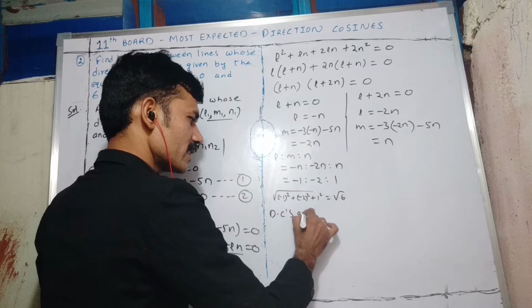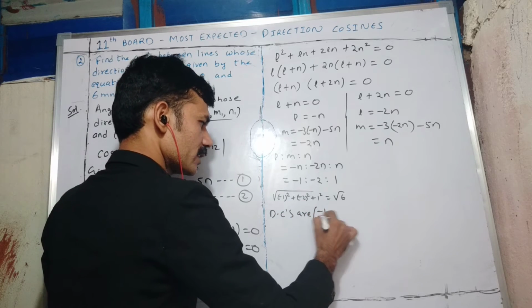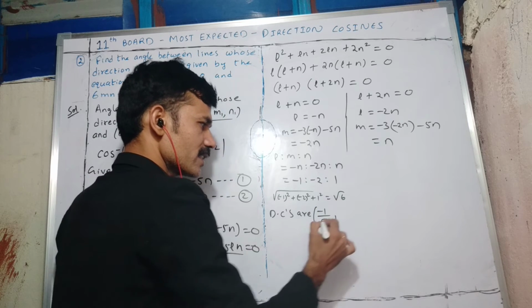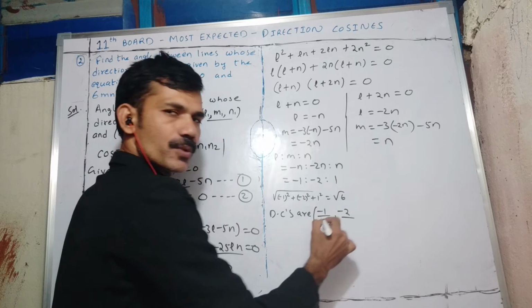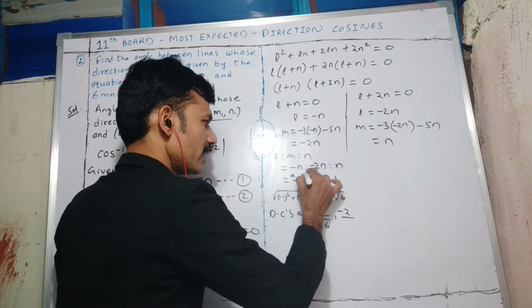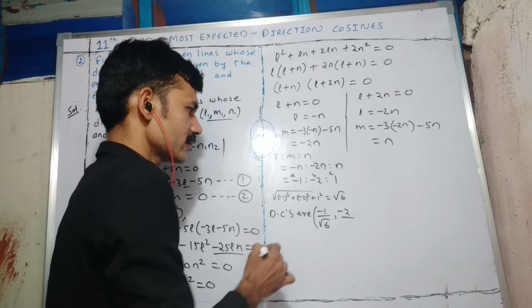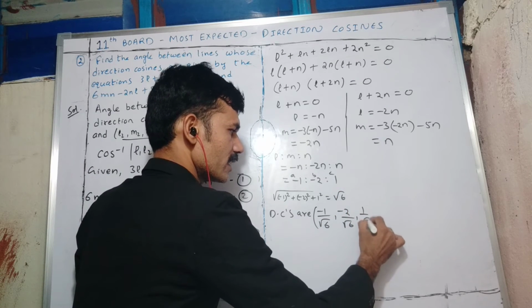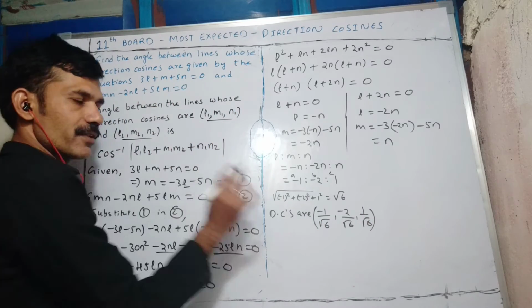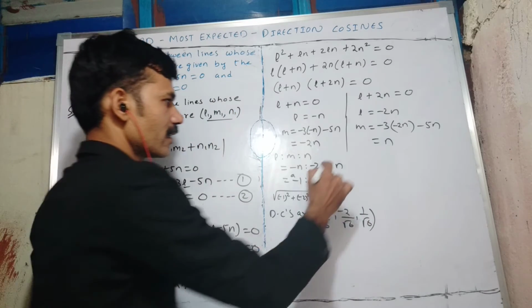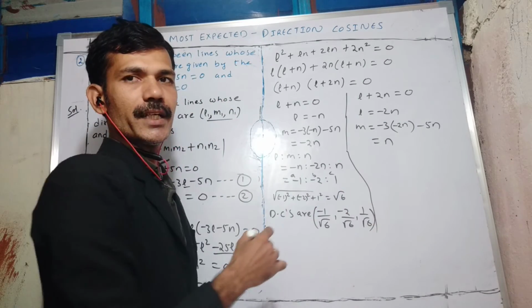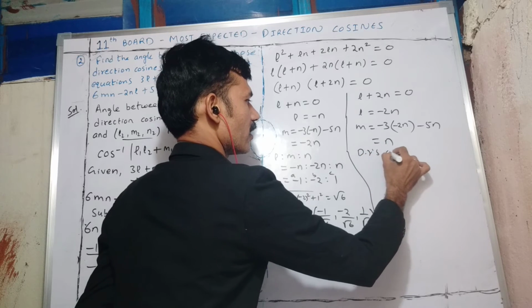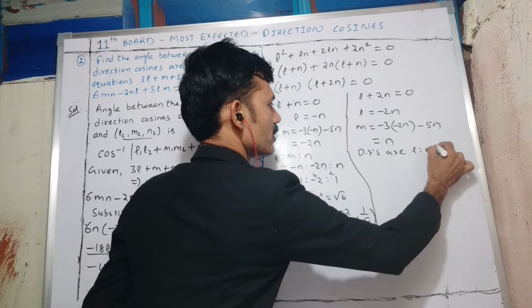Therefore the direction cosines are minus 1 upon root 6, minus 2 upon root 6, and 1 upon root 6. So l1, m1, n1 we got. Now we have to find l2, m2, n2 in the same way.